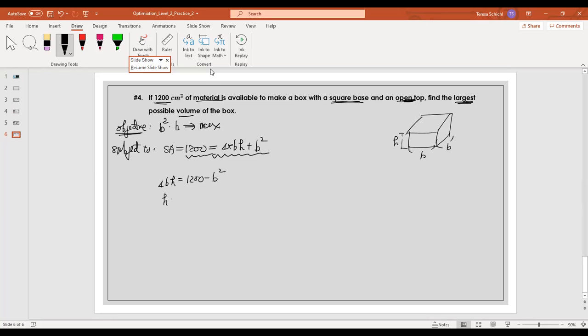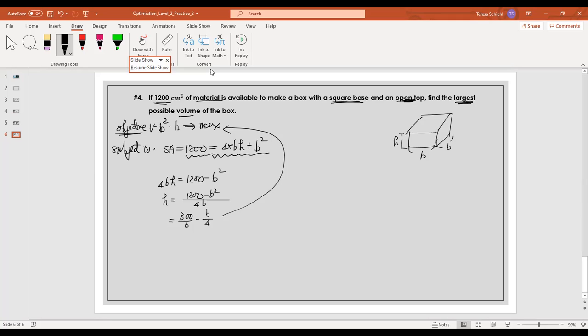And then h is equal to 1200 minus b squared over 4b. If you simplify this a little bit, this will be 300 over b minus b over 4.